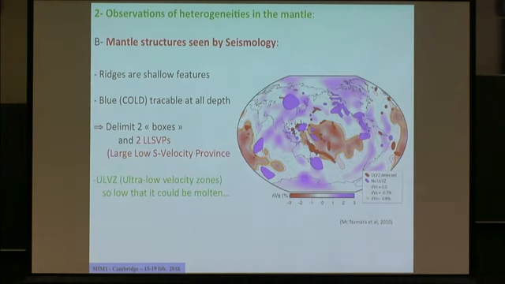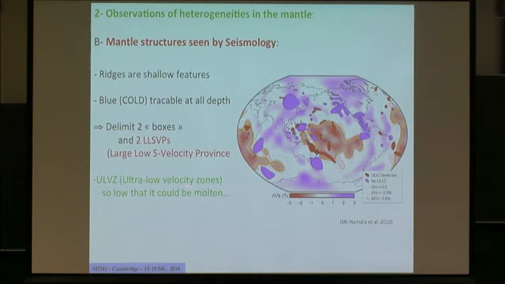If we go further down and we use a different type of seismology analysis, the seismologists are telling us that there is a number of ultra-low velocity zones, those dark red features here, and that those ultra-low velocity zones are detected mainly around the LLSVPs.